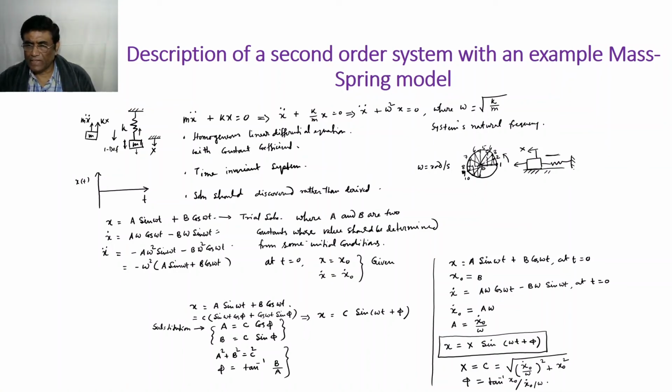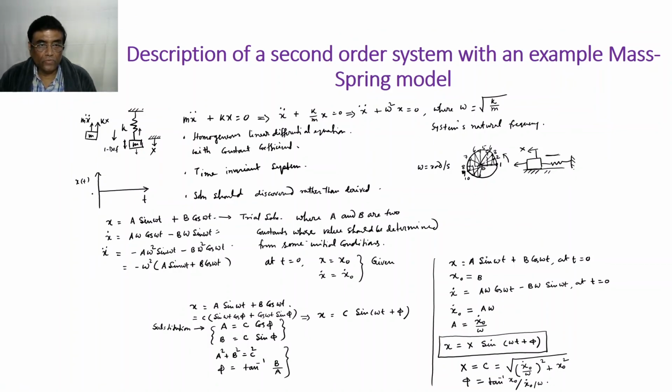All this pictorially you can draw from here, okay? And we'll draw it and see how I can obtain a solution for such a simple but not so simple mass spring model. The same exercise can be done using another example, another model, which will also show similar behavior.